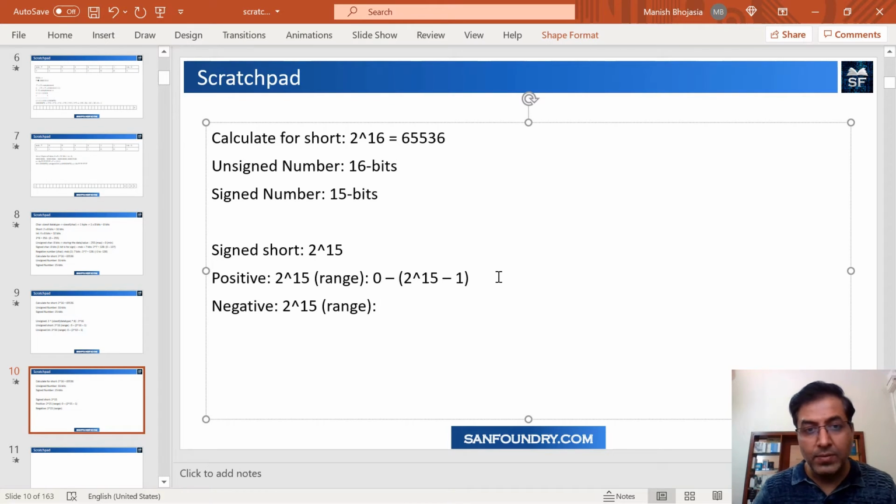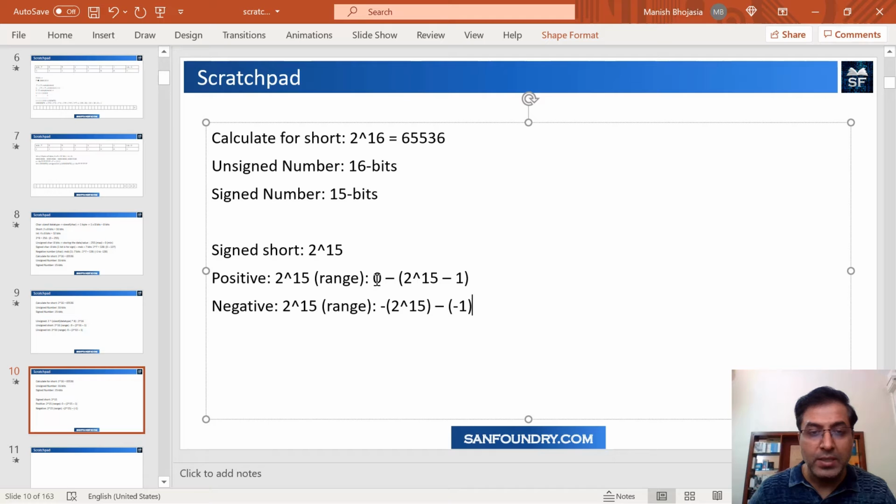The general formula is 2 to the power, in the negative direction, so it starts with a minus of this and goes all the way up to -1. So when you talk about negative numbers, this is the range. It starts with -1 on the number line and goes to lower and lower values, and goes to negative 2 to the power 15.